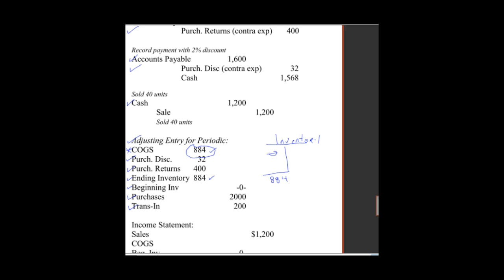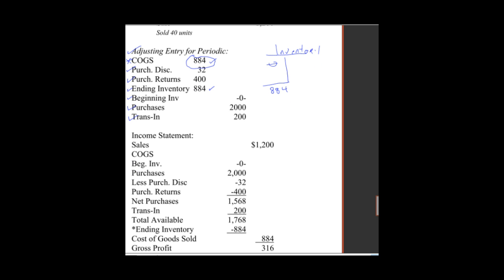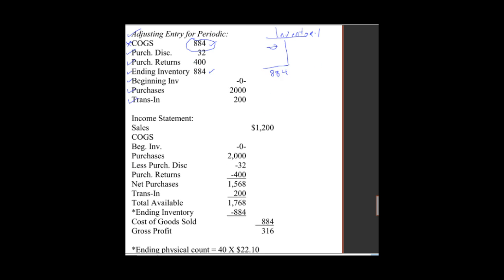Take a look at the resulting income statement. We have our sales. We list that. This is your standard periodic inventory statement. Here's your sales, and cost of goods sold is calculated as beginning inventory plus purchases less any returns and allowances and discounts.